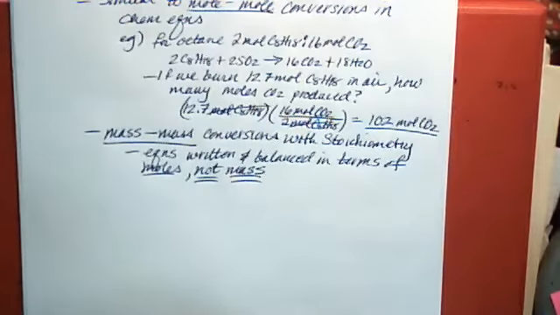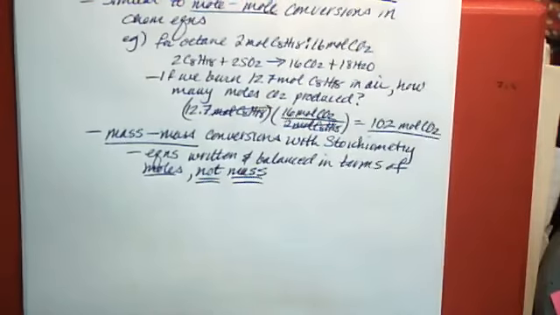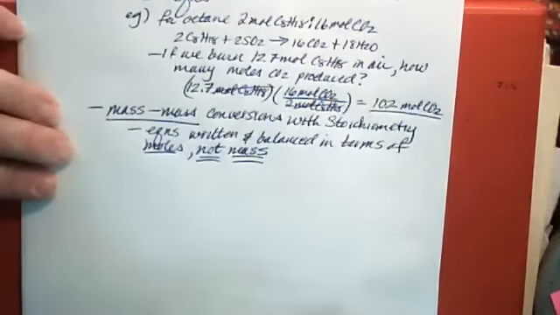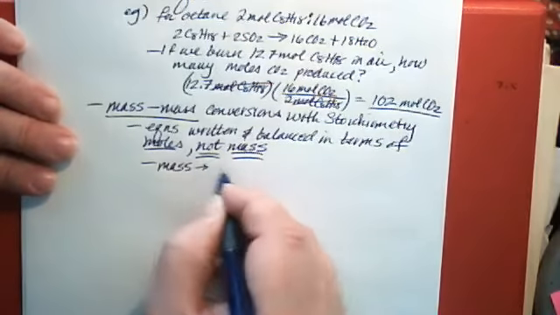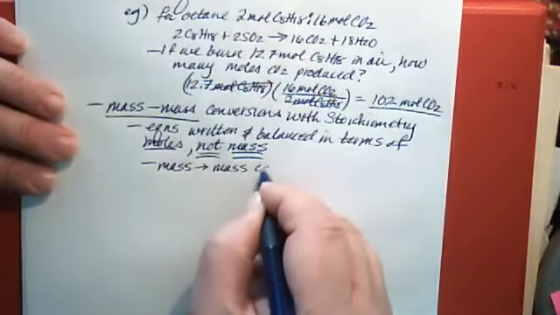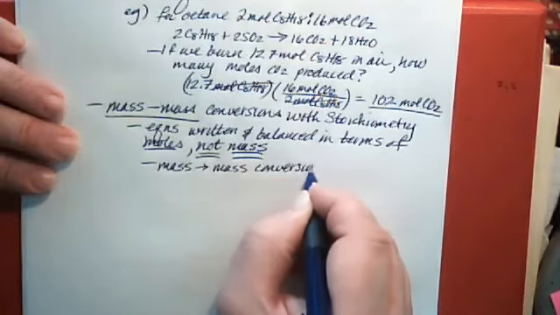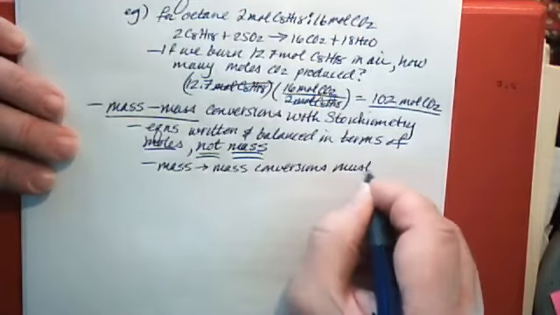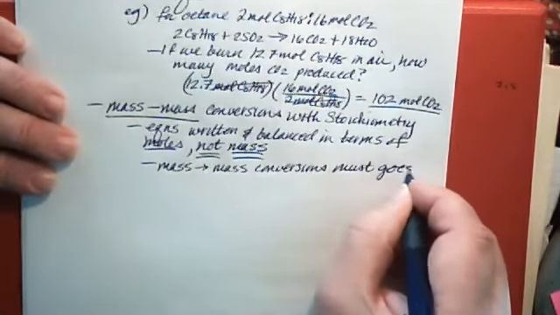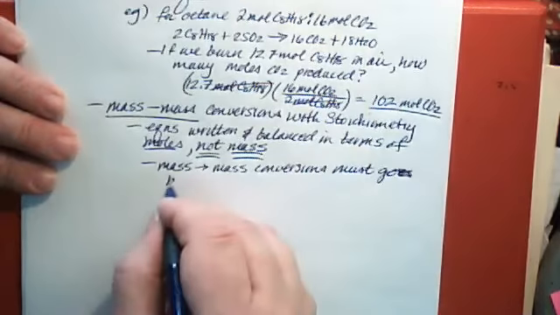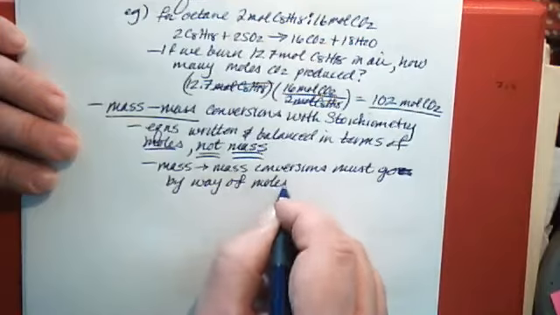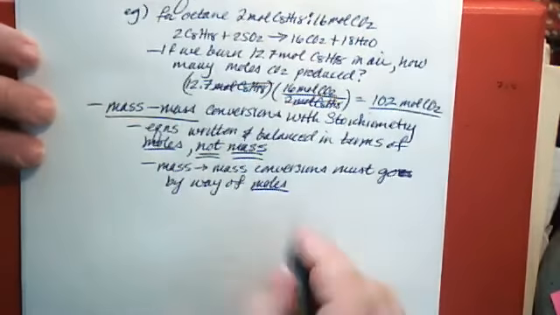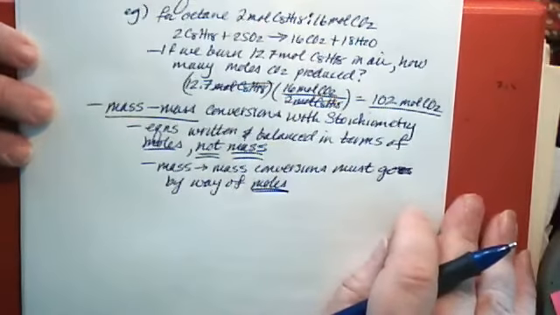I'm just going to say moles, but you can also, of course, read the equations in terms of molecules. So moles, not mass. And what that means is that mass-to-mass conversions always have to go by way of moles.